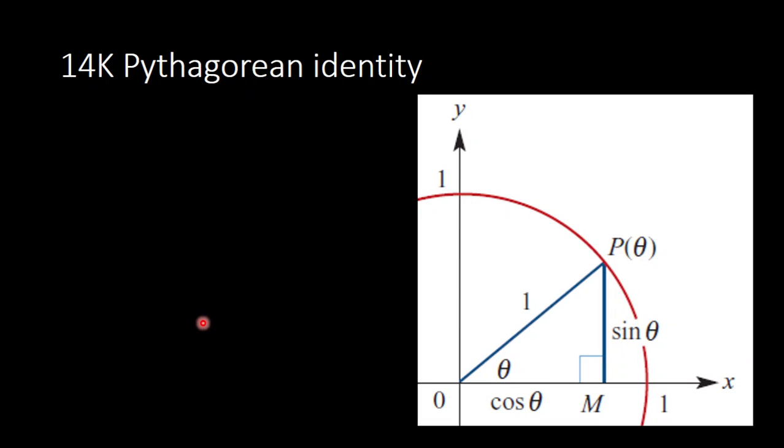All right, the last one is, remember in the unit circle the radius is equal to 1. When you place your point P of an angle theta, you have a right angle triangle, and if you use the Pythagoras theorem, you have a squared plus b squared equals c squared, which is your hypotenuse.